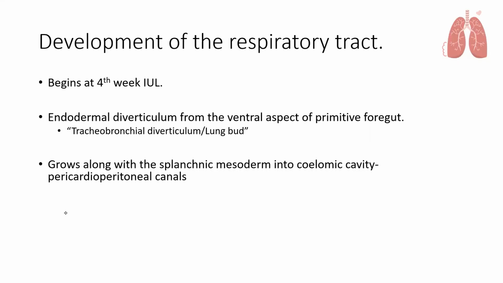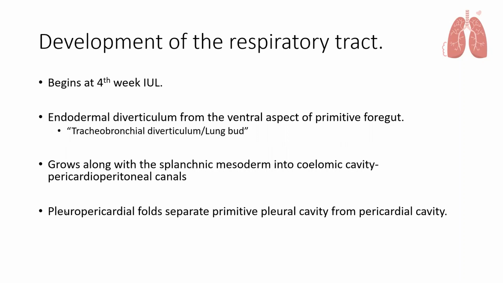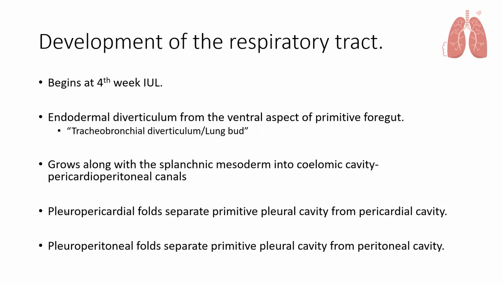So the coelomic cavity around the gut, the foregut region, is called the pericardio-peritoneal canals. Then pleuropericardial folds will separate the primitive pleural cavity from the pericardial cavity, and pleuroperitoneal folds will separate the primitive pleural cavity from the peritoneal cavity.